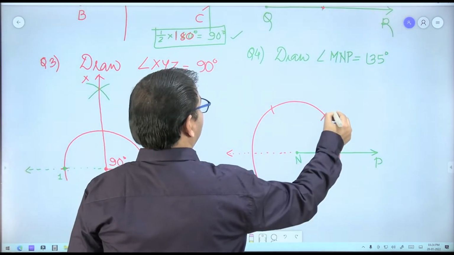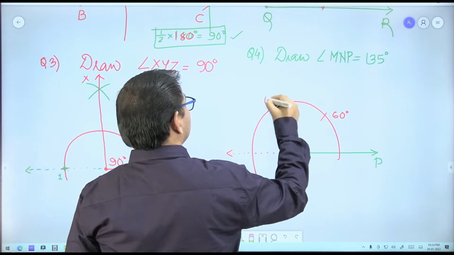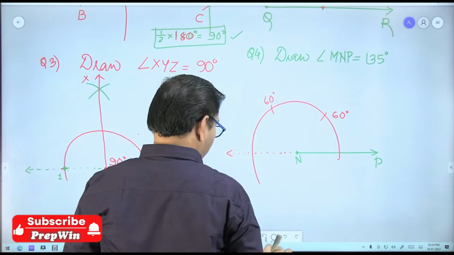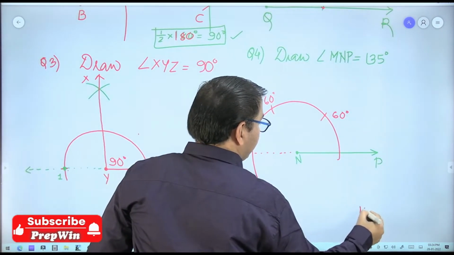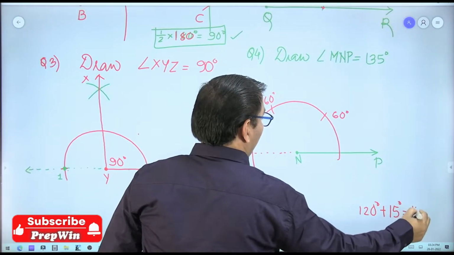Don't write this, but this arc is for 60 degree, this another 60 degree. Okay, so 60 plus 60 is 120. Now 120 degree plus 15 degree is equal to 135 degree.